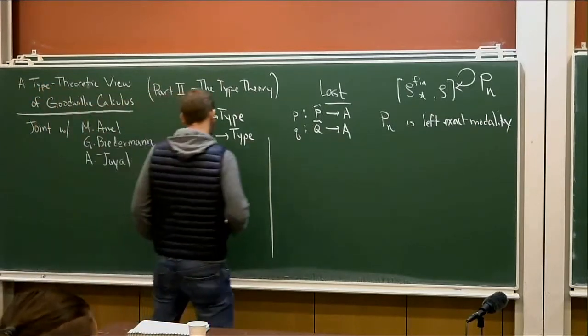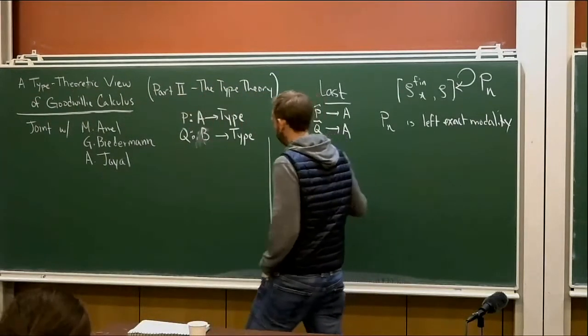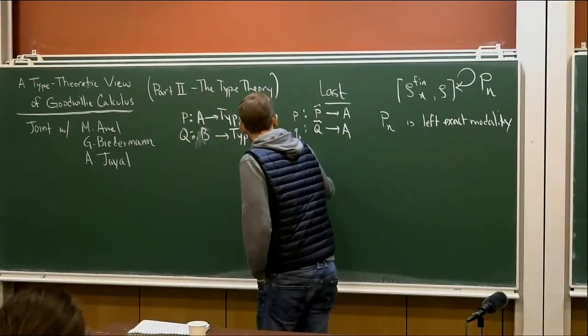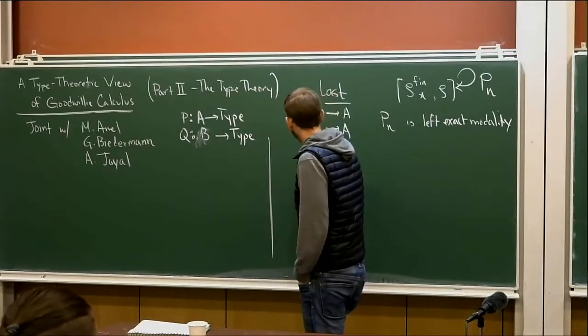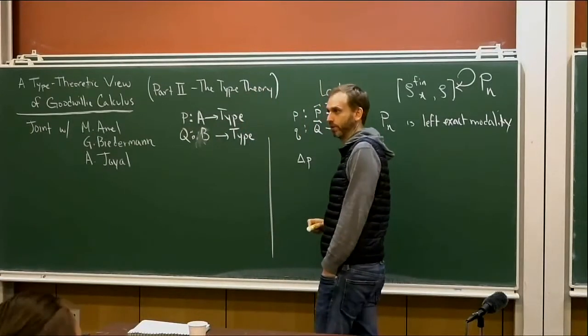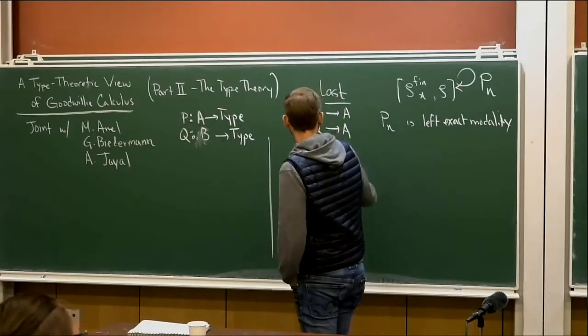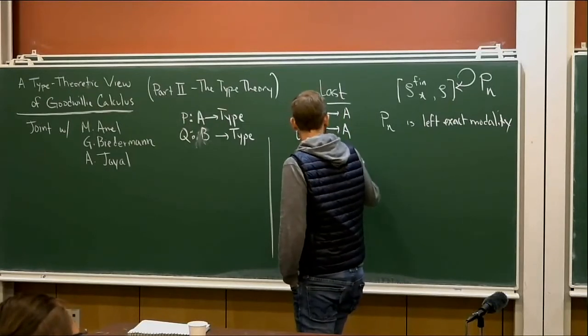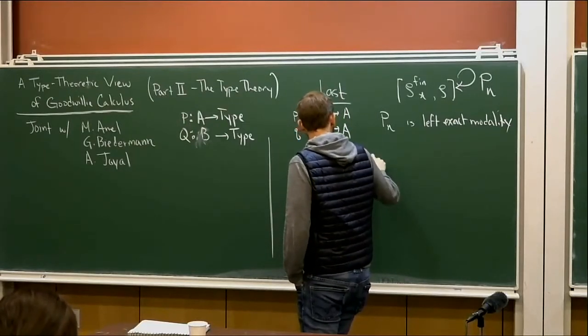It's hard to pick a side because there's a number of interesting constructions in topos theory. If I have a map, I can always look at its diagonal, right? As I've written it here, it would be P hat mapping to P hat over A P hat.